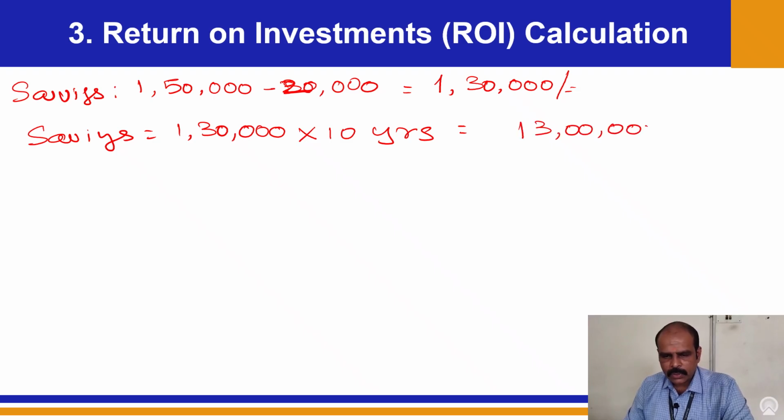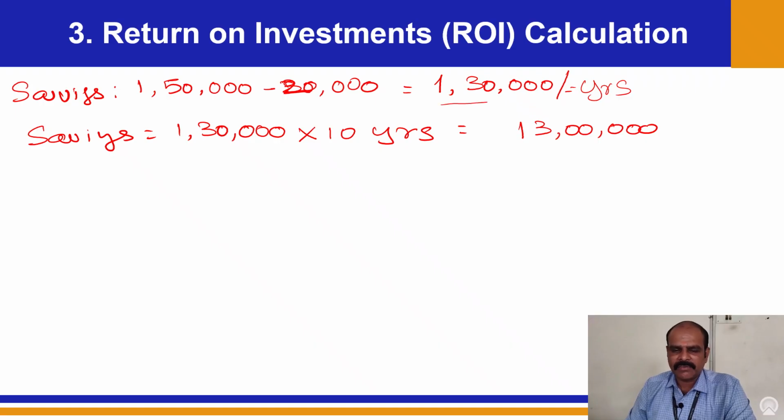I hope, students, you are clear in this regard. Savings per year: 1.5 lakh is the total savings we get, and maintenance is 20,000. When we subtract this, the net saving is 1.3 lakhs per year.